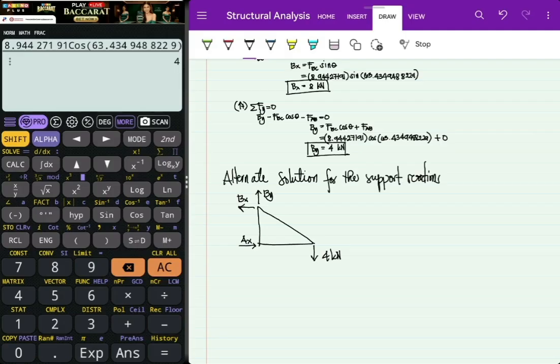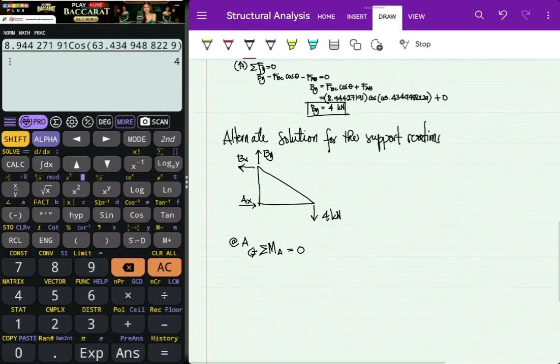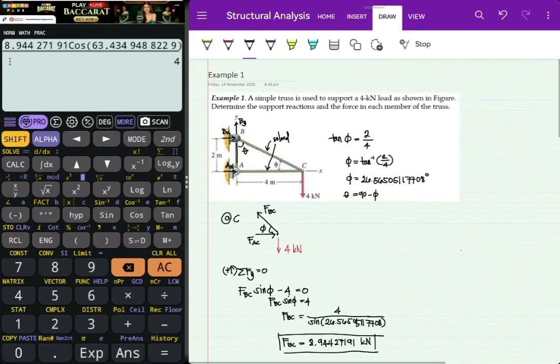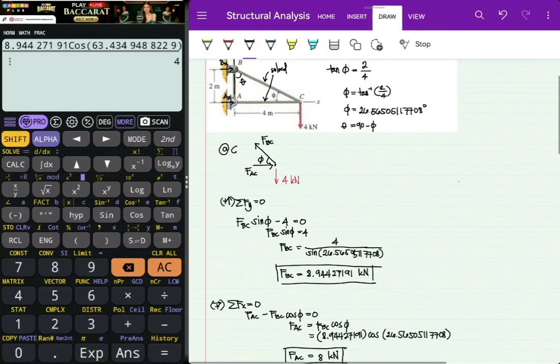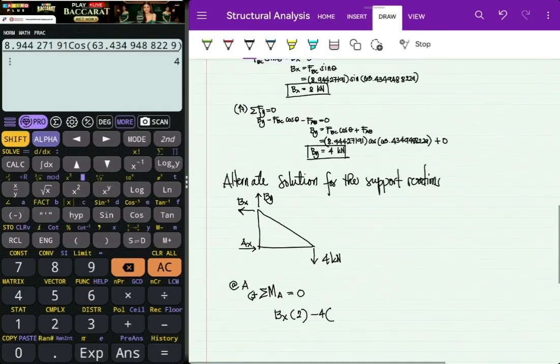Okay, so what we can do here is do moment. Let's say at A, therefore the sum of all moments about A is equal to 0, assuming counterclockwise positive. So for this case, this is Bx multiplied by the perpendicular distance 2. This is 2, and then minus 4 kilonewtons, and then the perpendicular distance of 4 kilonewtons is 4 meters.